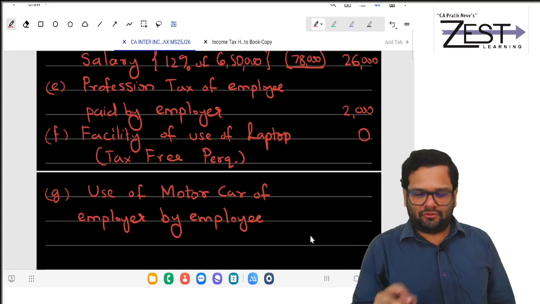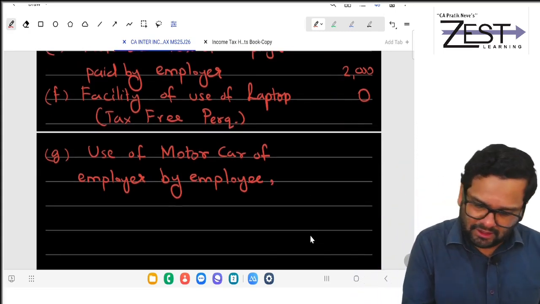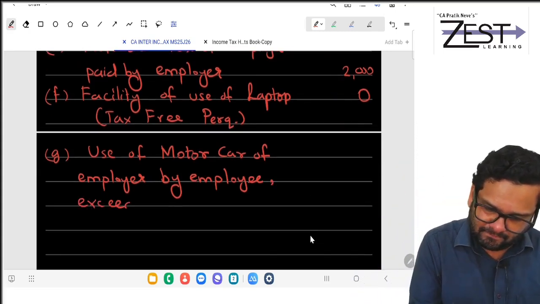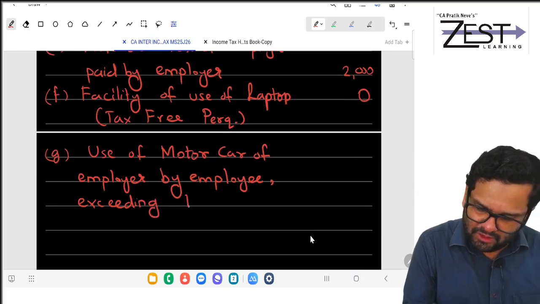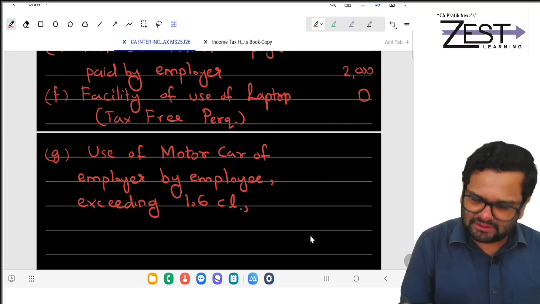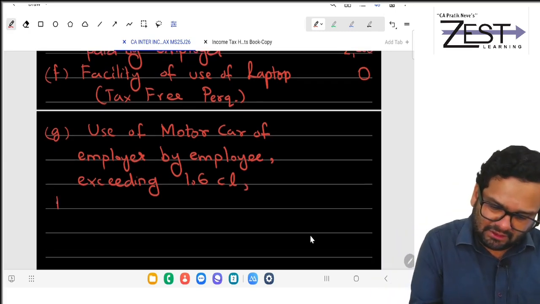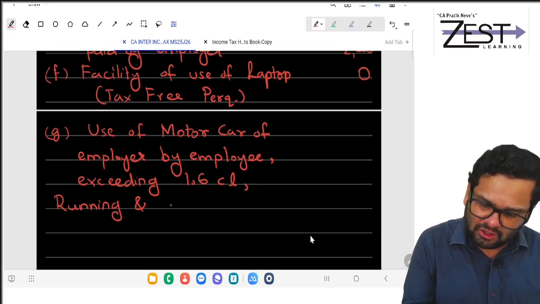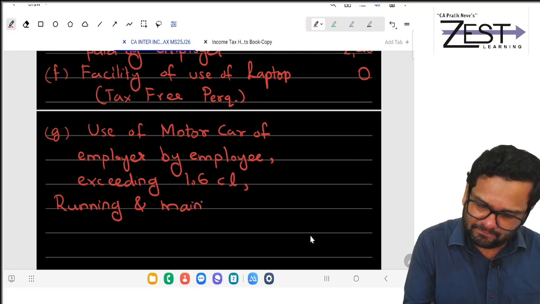Use of motor car of employer by employee exceeding 1.6 cubic liter. Running and maintenance borne by employer. How much is not important.